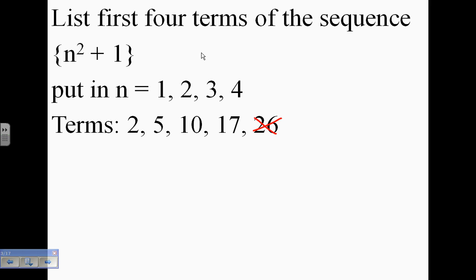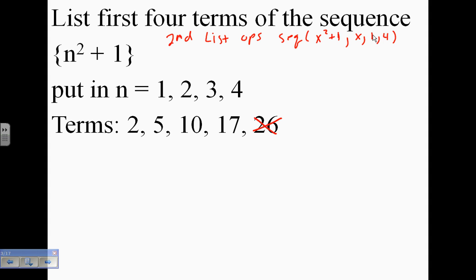On your calculator, go to second, list, ops, sequence, and press enter. Type in x squared plus 1, comma x, comma 1, comma 4, and press enter.